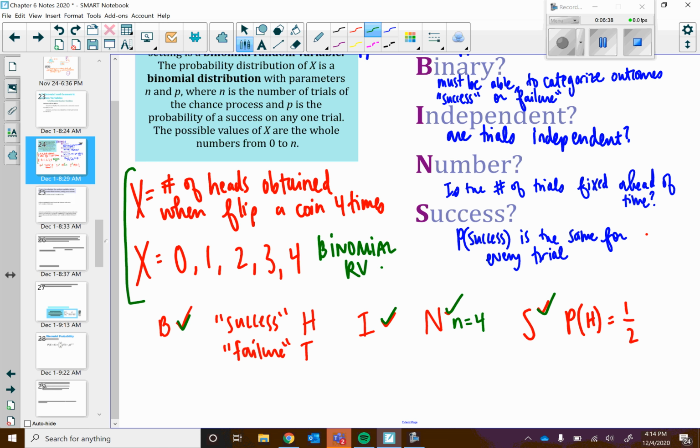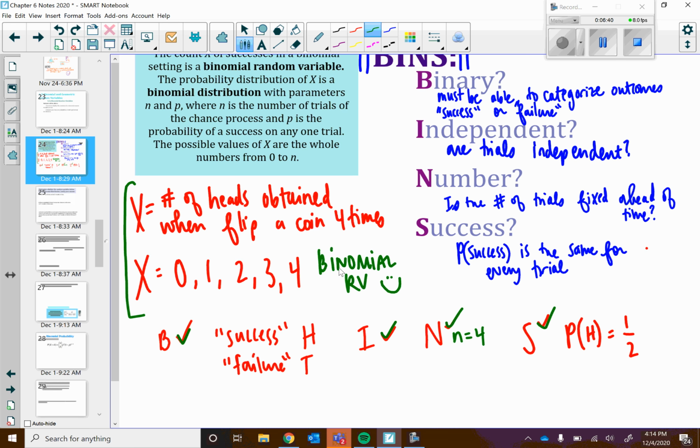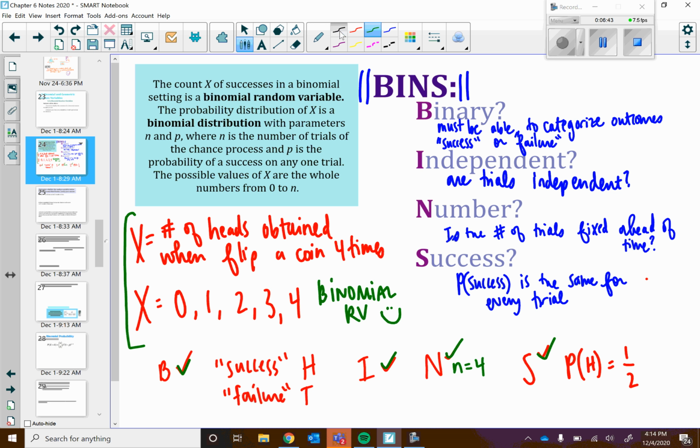It's a specific type. Now I want to go back for a second to the definition and just kind of tie it all together and make sure we're feeling okay. So the count X of successes in a binomial setting is a binomial random variable. X is the number of heads. X is the number of successes where a success is a head. The probability distribution of X has the parameters n and p, where notice n is the number of trials.